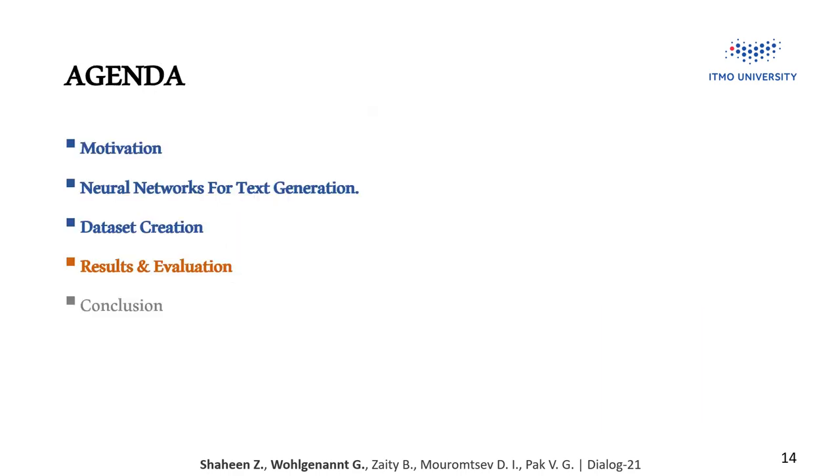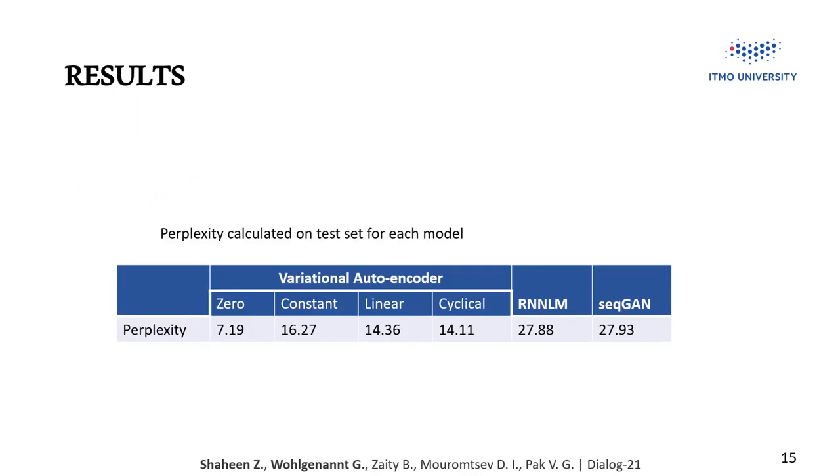Now we will show results and evaluation. First, we calculated the perplexity for each of our models on the test set. We can notice that for variational autoencoder, the zero schedule gives the lowest perplexity. The next best perplexity on test set is for cyclical annealing.